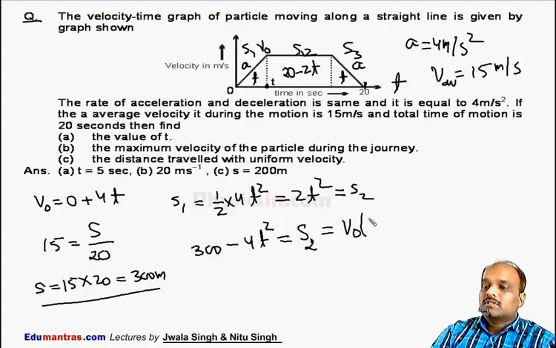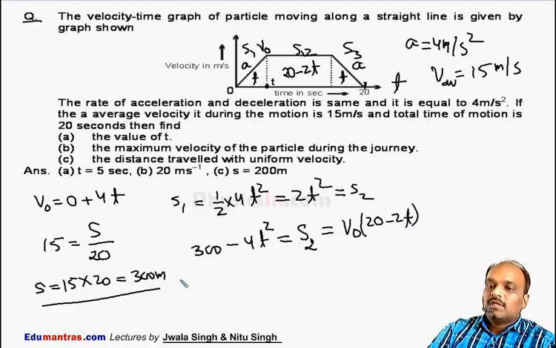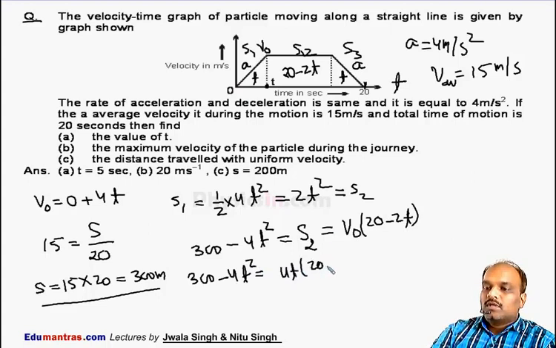Time means it is 20 minus 2t. Now v naught is 4t, so 300 minus 4t squared is equal to 4t into 20 minus 2t.